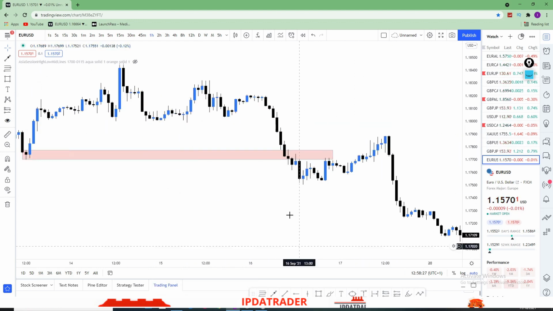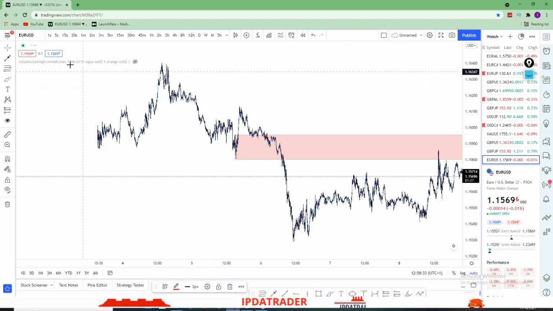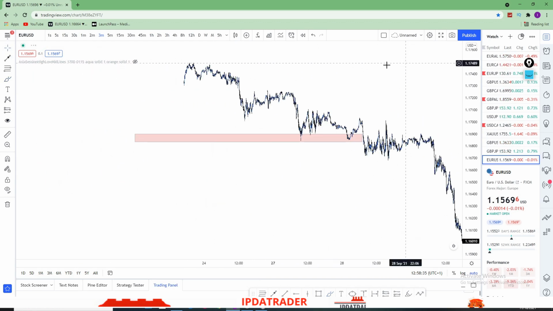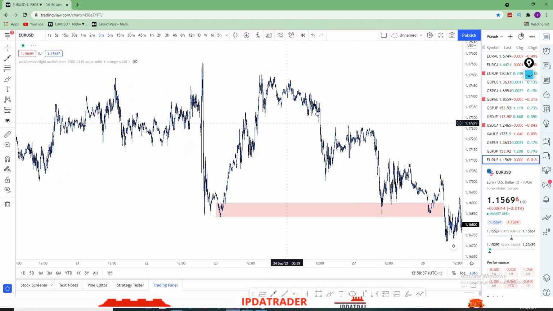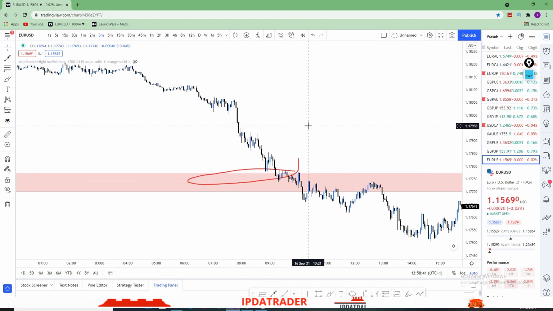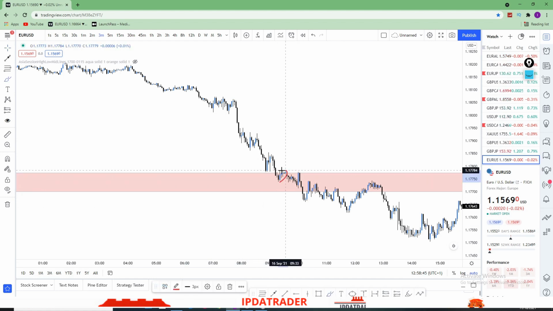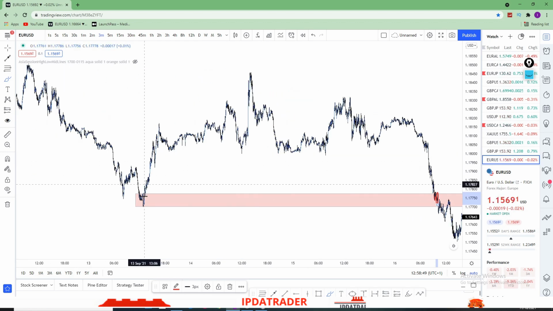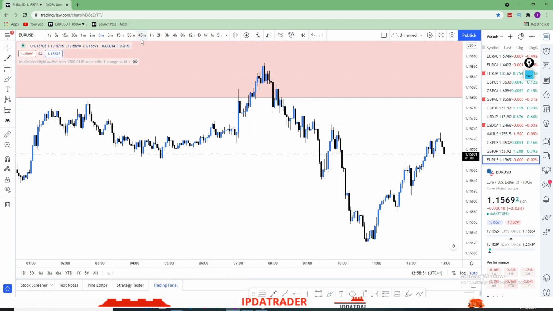You can see there's some little mitigation occurring over here. Maybe on a lower time frame, you can see some mitigations. You can see we get some bullish price action, very minimal, but there's some mitigation occurring here because this is actually another structure.